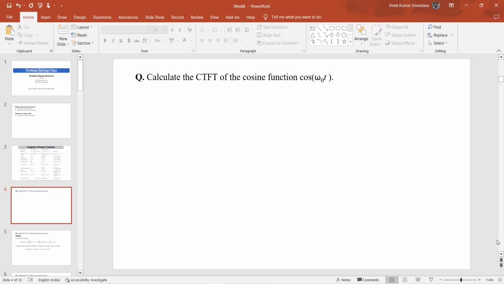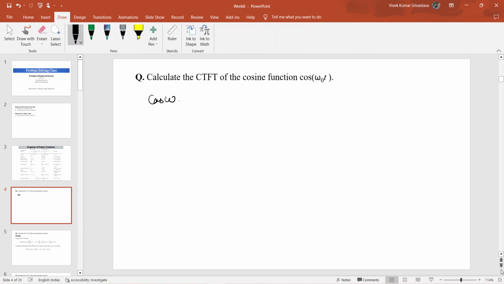The first problem is to calculate the continuous time Fourier transform of the cosine function, that is cos of omega naught t. As we know, cos of omega naught t can also be written as e raised to the power j omega naught t plus e raised to the power minus j omega naught t, by 2. Now we can use this relation to determine the Fourier transform of cos of omega naught t.